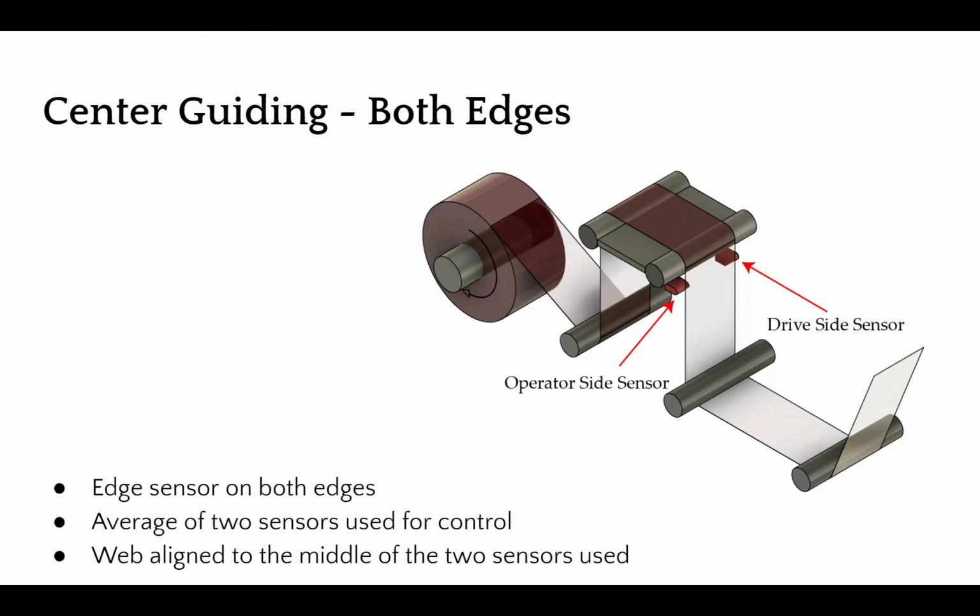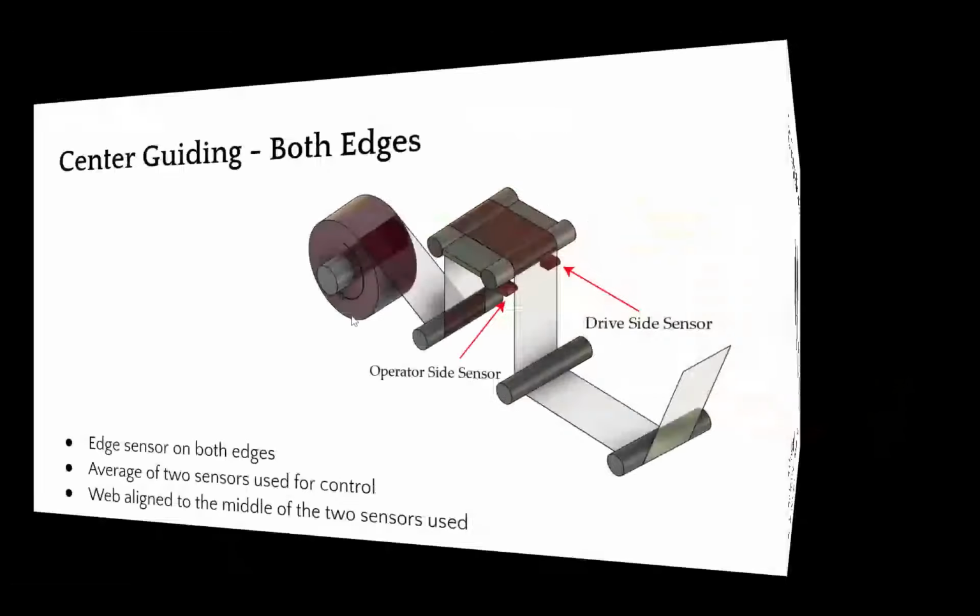Here, the control system takes the values from the two sensors, and the average of those two values will provide the centerline position. And then the web will be aligned to the middle of the two sensors. That's what happens in center guiding.